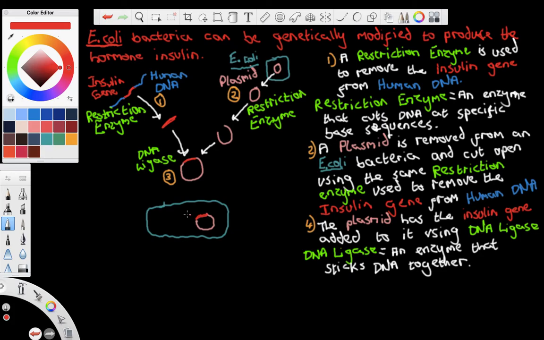This bacteria can now produce insulin because it has the gene for insulin inside of it. So we can put over here E. coli with modified plasmid can now make insulin.